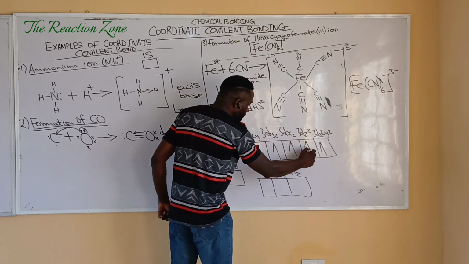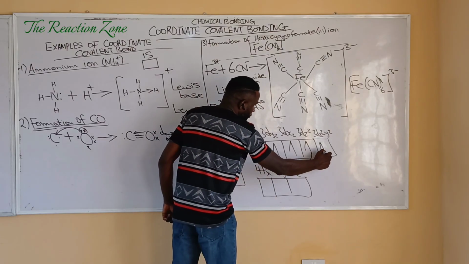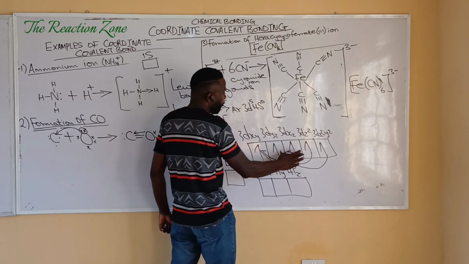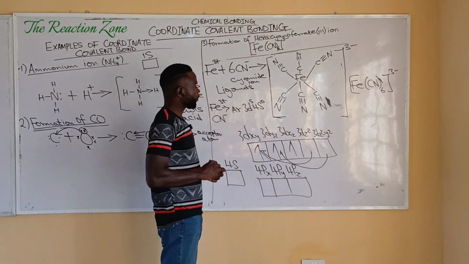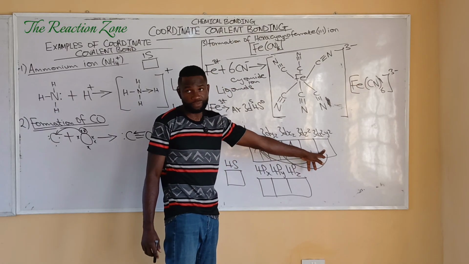So the electron from the 3dz squared orbital comes here. The one from the 3dx squared minus y squared comes here. And then what will happen is that it will lead to the creation of 2 empty 3d orbitals.